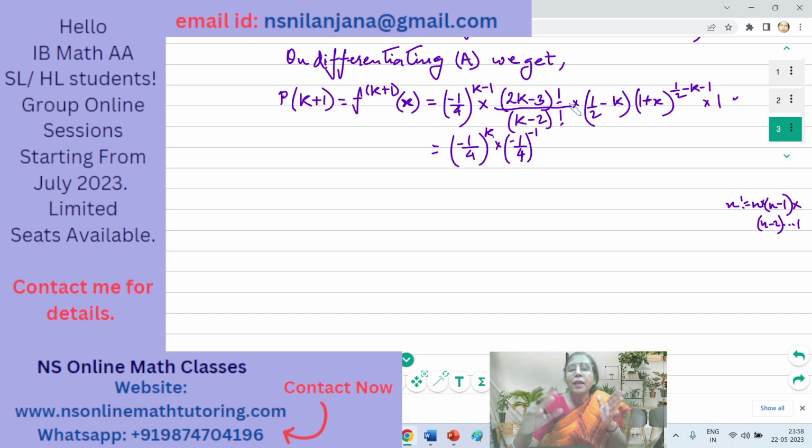The next number is 2k minus 1 minus 1, that is 2k minus 2. Next is 2k minus 2 minus 1, that is 2k minus 3. Then 2k minus 3 minus 1 is 2k minus 4, and so on. So in addition to all the numbers present in 2k minus 3 factorial, we need two more numbers to be multiplied: 2k minus 1 and 2k minus 2. If we multiply these two numbers with 2k minus 3 factorial, we get 2k minus 1 factorial, and we will do that because we need 2k minus 1 factorial.